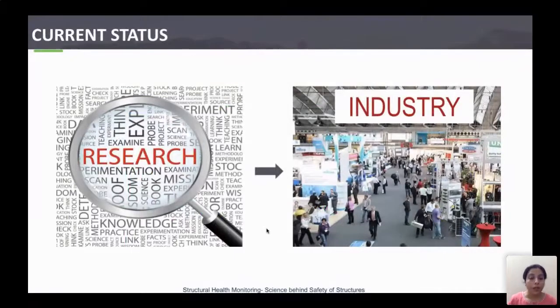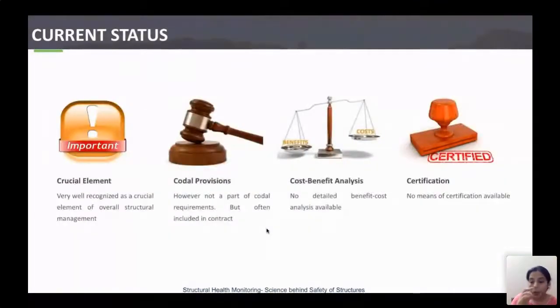Until 20 to 25 years back, it was just a research topic. However, it has now converted into a huge industry, and it has been identified as a crucial element. However, there are no codal provisions for SHM.